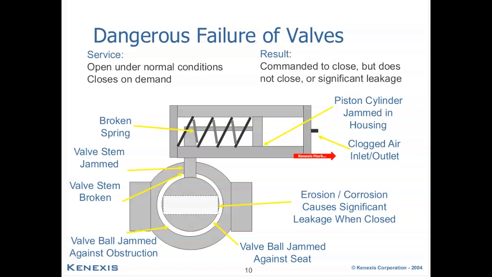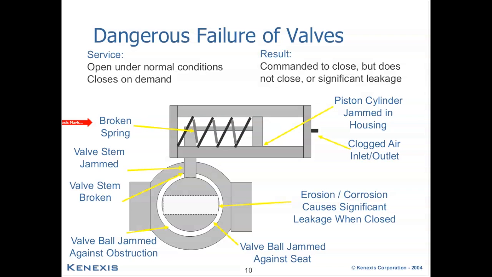You can have a clogged inlet or outlet for your pneumatic system, causing the air not to bleed off. You can have a broken spring that will prevent the spring action that is required to cause the valve to go to the safe position. If the spring is broken, it will not work.